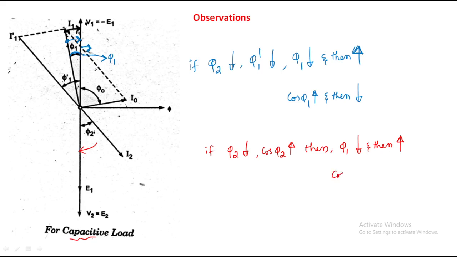Therefore cos phi 1 increases and then decreases. This is a very important observation. Just go through this observation clearly. From this phasor diagram you have to analyze the different power factors of primary and secondary, whether the load is inductive or capacitive. Just go through these important observations once again. Thank you.